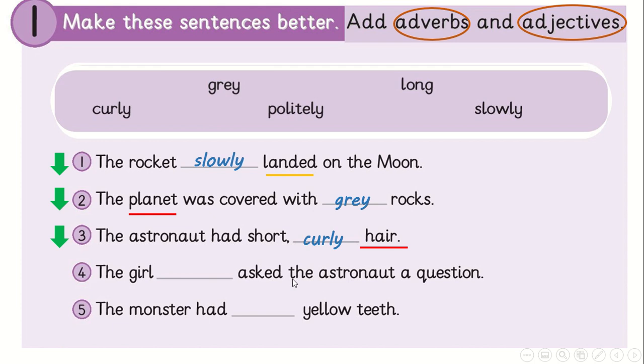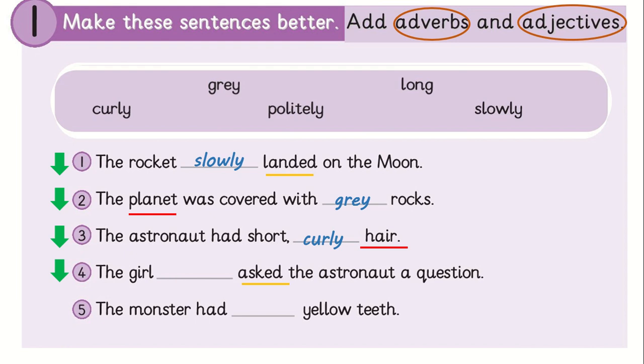So what do you think? Here we have to describe which one? We have to describe the verb asked. So we have to add an adverb. We have finished with slowly, so it will be politely. The girl politely asked the astronaut questions.